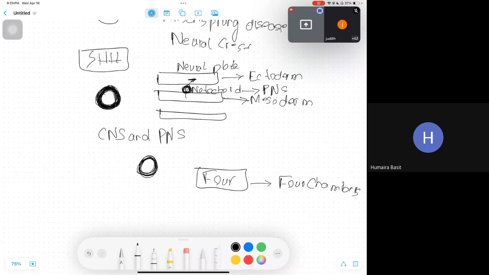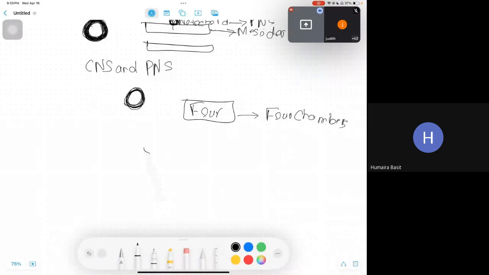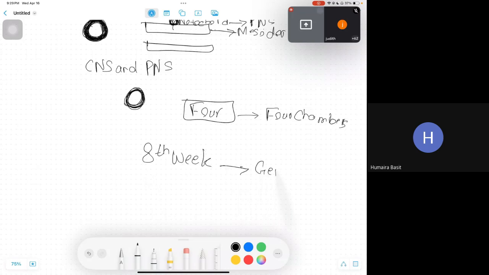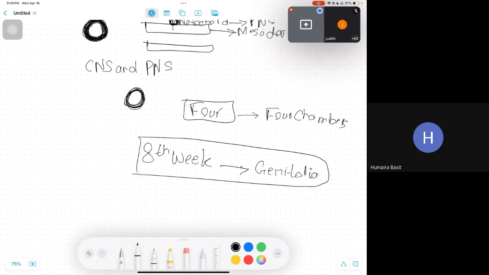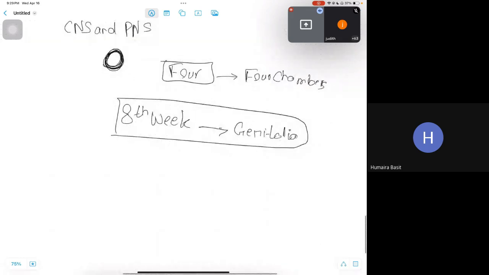Again, the last important thing that you guys need to know is the 8th week. Why is the 8th week important? Because at the 8th week, genitalia are formed. So this is the week by which you can find on the ultrasound whether the baby is a male or a female, because they will have male or female characteristics.